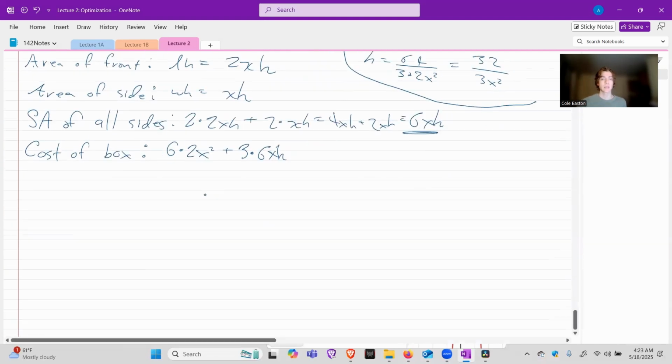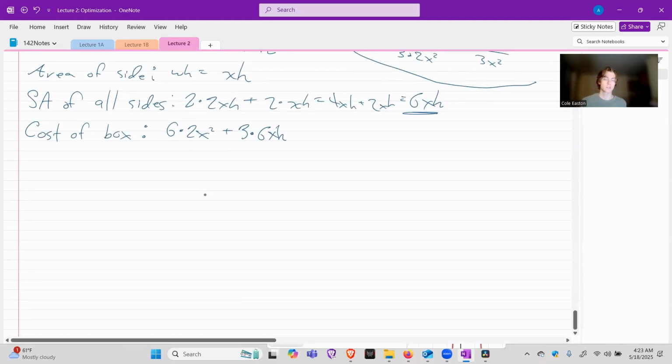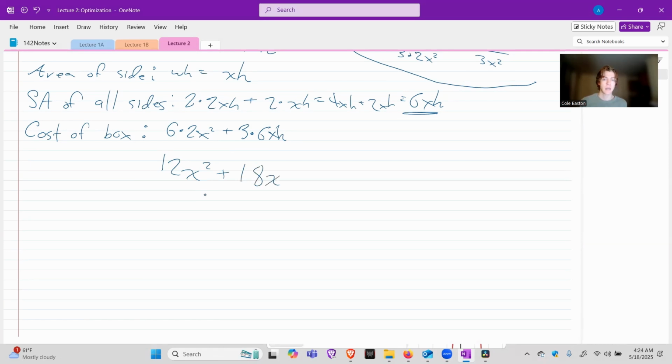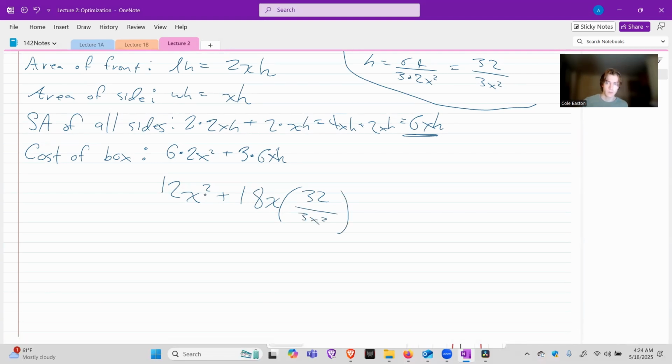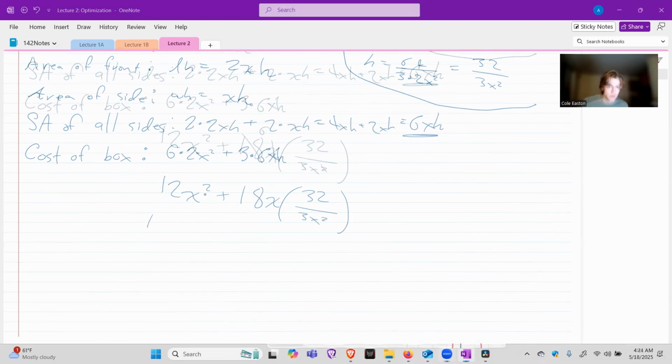Now I'm going to plug that h into our cost function here. And so we're going to get 12x squared plus 18x times 32 over 3x squared. Now let's simplify this a little bit.